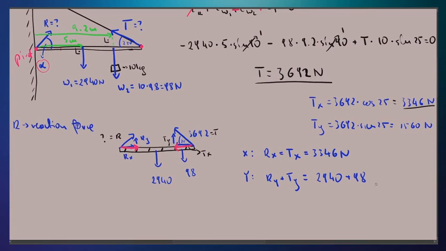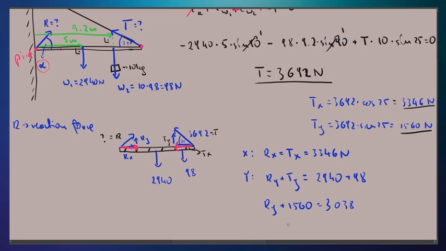So I can now go ahead and finish the problem. Since Ty is known to me, that's 1560, I pull this one from here. Oh, I guess I can just add this up. So let's see, 2940 plus 98 is 3038.